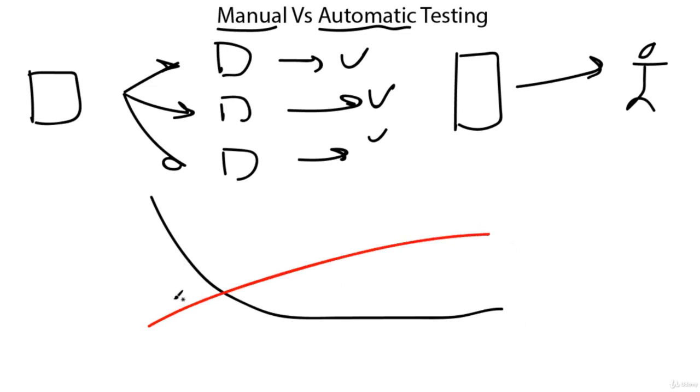So the red is dev, or let's use the terminology we've been using, the implementation phase, and black here is the testing phase. If we don't spend any time in development at all, you'll notice there's an extremely high amount of time we're going to have to spend in the testing phase.